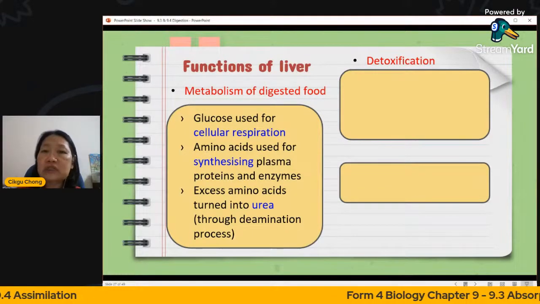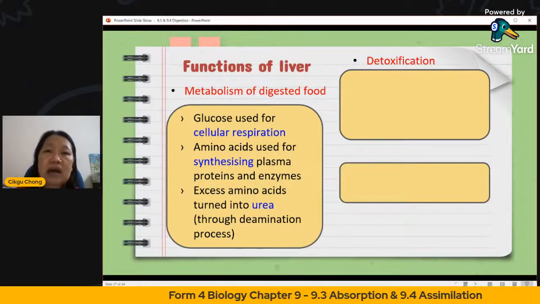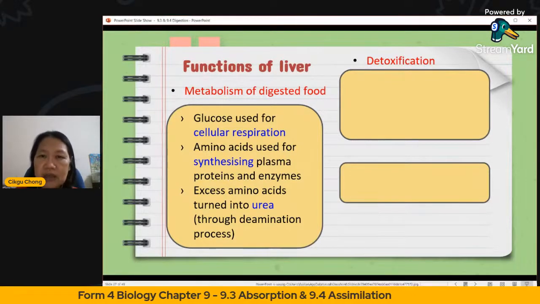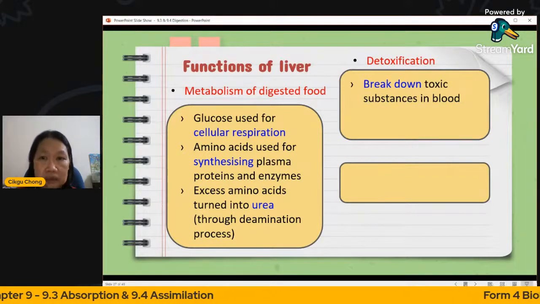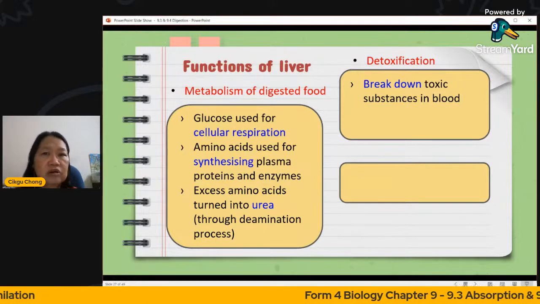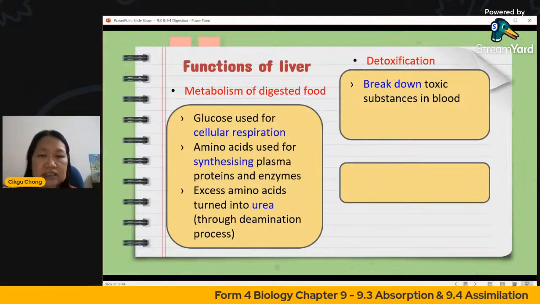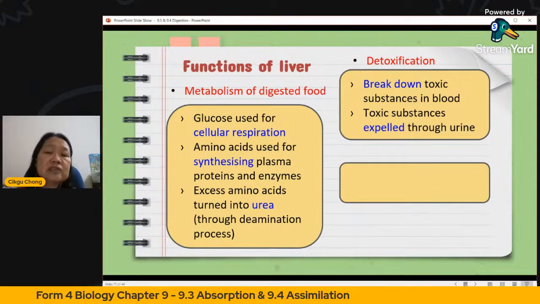Your liver will detoxify it, break down substances into something that is less harmful to your body. So it breaks down toxic substances in the blood, especially drugs, whatever drug or medicine that you've taken in your system. And then the toxic substances are expelled through the urine.